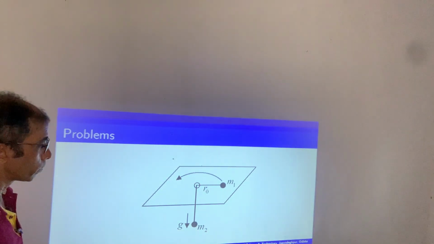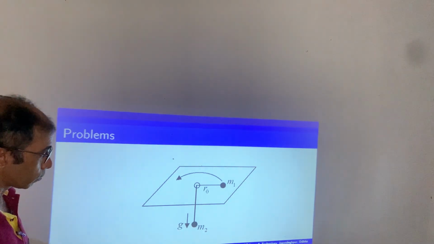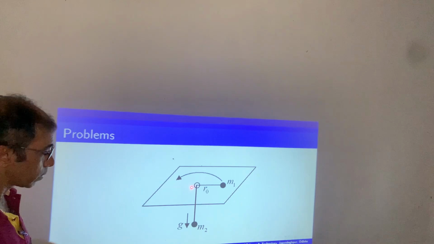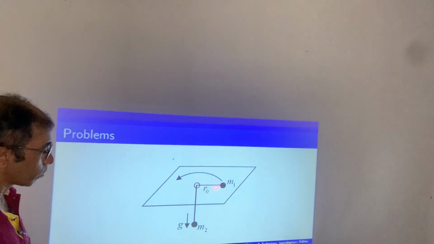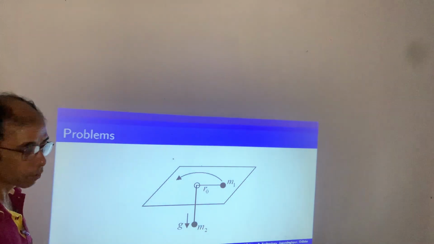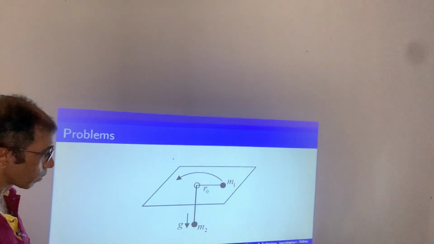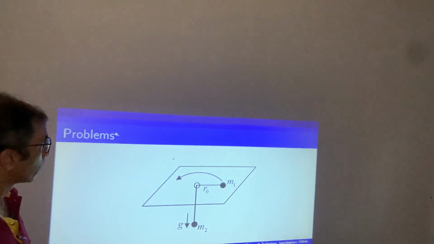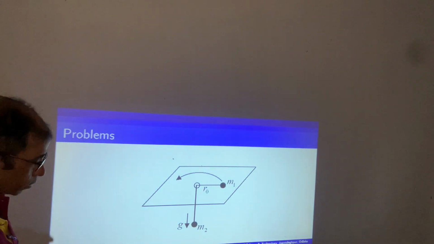So what they are telling is that it's a circular orbit. If this orbit is slightly disturbed, then there is an oscillation of the radius. That is what the problem is.